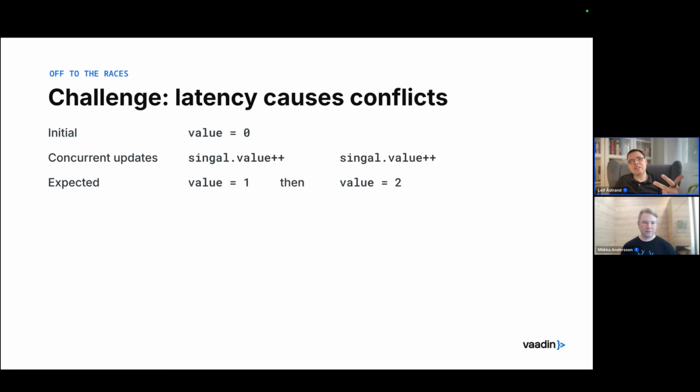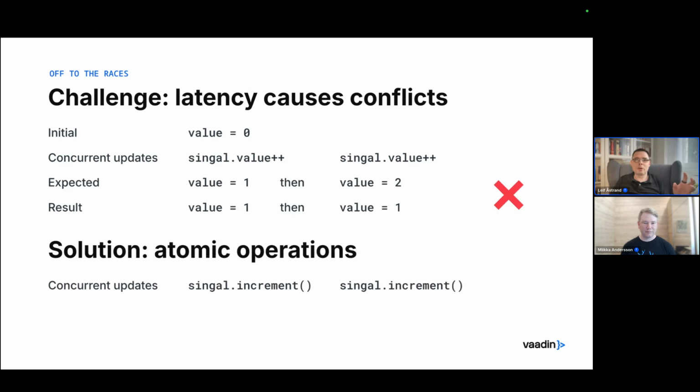And if these two happen to run at the same time, then both might read 0, increment it to 1, and then assign that 1. And then we have a race condition. We don't get the outcome that we expect. The way we fix that is to do atomic operations.